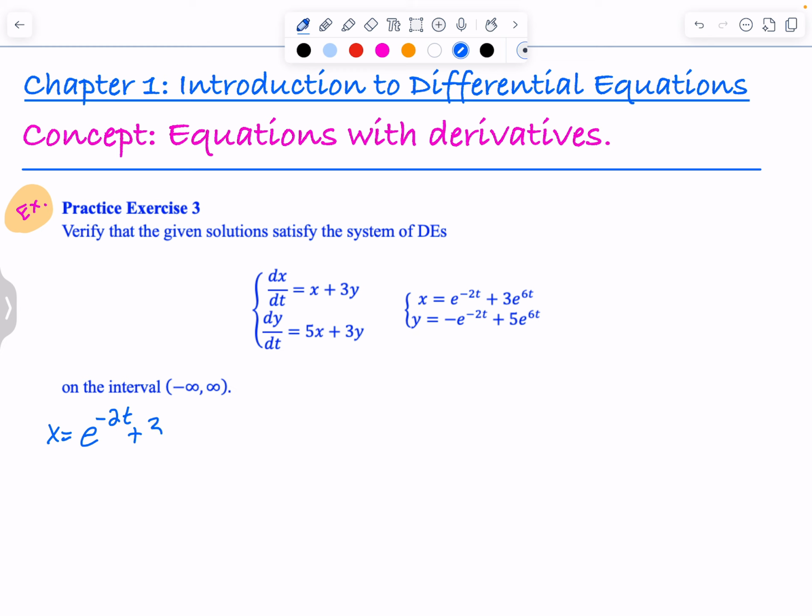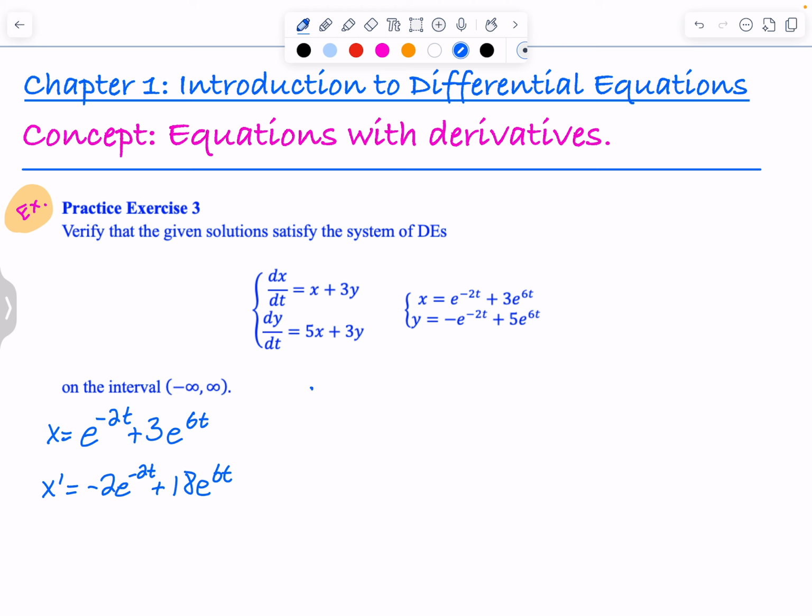If you're not comfortable with this e stuff, this is a lot of diffie. It's just the natural world works with e's. So x prime, we get the same thing, but the chain rule produces a -2. And same thing here, but I'm going to get an 18 because I multiply those two, keeping my 6t. So there's x prime.